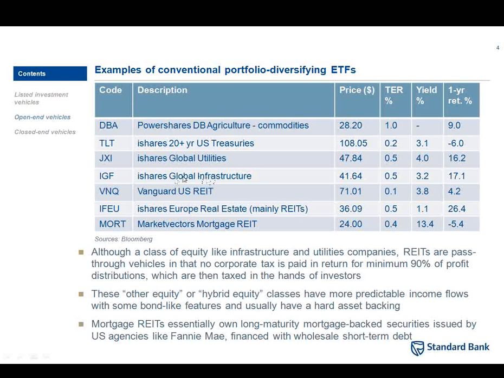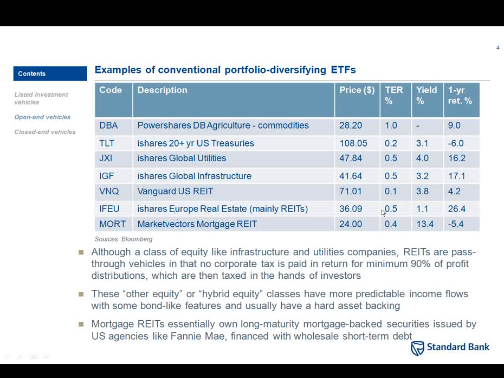The main difference is that the infrastructure fund in this case has more toll roads and those kinds of things, as opposed to utilities, which is mainly electricity and water utilities. And then I've shown you here Vanguard US REIT, 4% yield, and the one-year total return is very similar to that yield. So that tells you that there hasn't been much of a capital gain or loss over the last year.